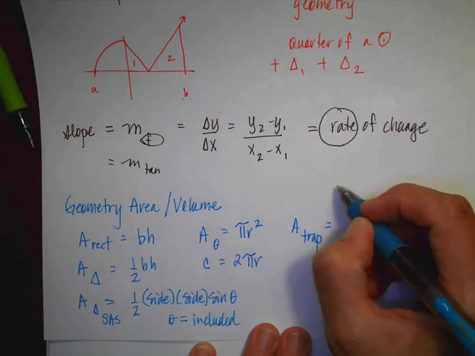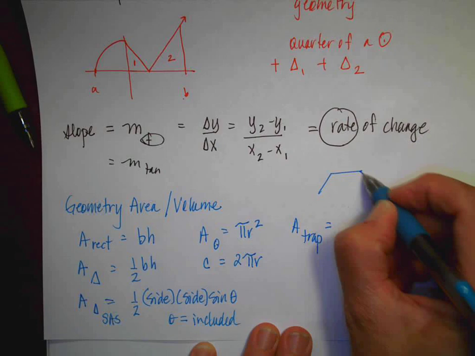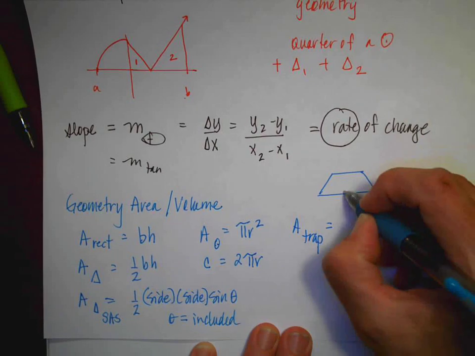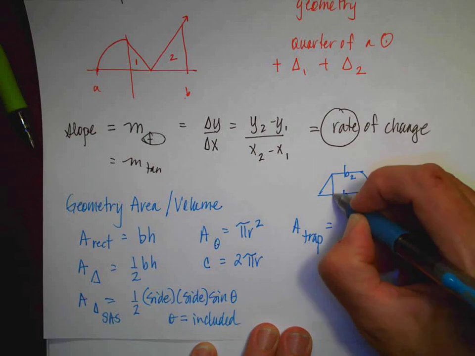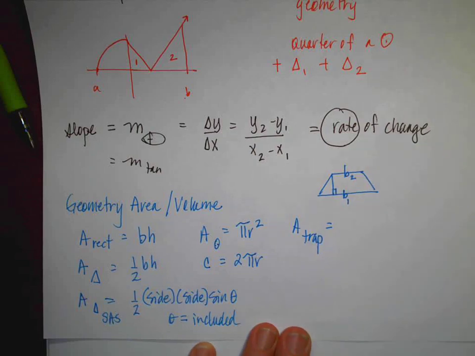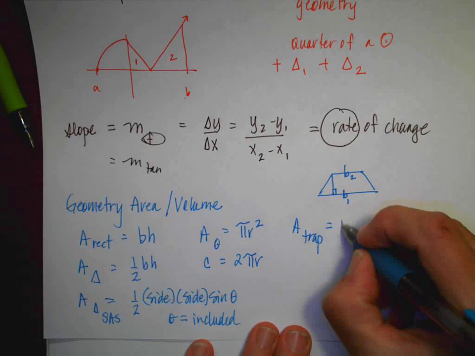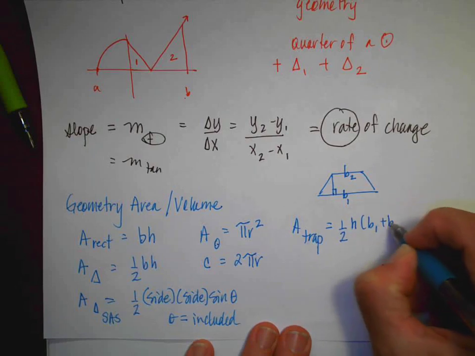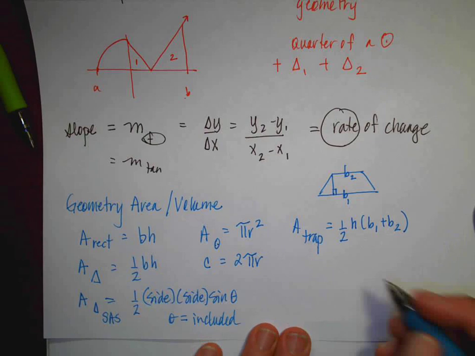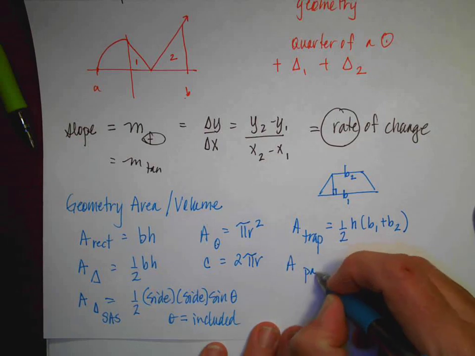The area of a trapezoid, and remember a trapezoid looks kind of like this. This is considered a base, this is B1, this is B2, and the height is the perpendicular distance between the two bases. So it's going to be 1/2 the height times the sum of the bases.